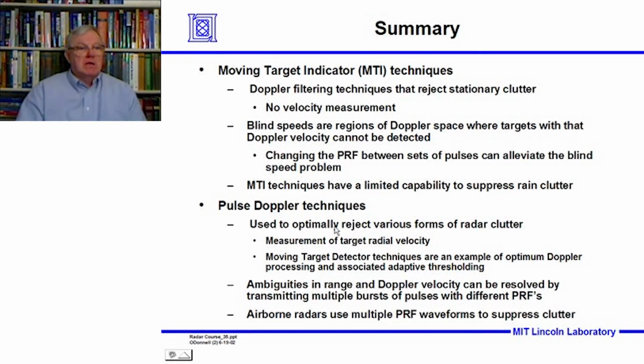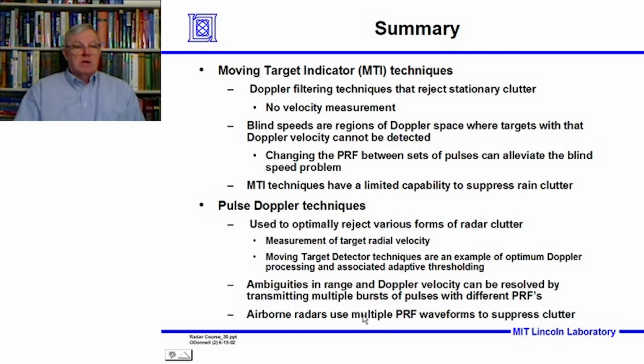And pulse Doppler techniques that we then looked at, you can use them to optimally reject all the various forms of radar clutter. They actually make a measurement of the radial velocity of the target. And I showed you one example, the MTD, moving target detector technique, an example of optimum Doppler processing and its associated adaptive thresholding. Then we went over ambiguities in range and Doppler, and they can be resolved by transmitting multiple bursts of pulses with different time between pulses, with different pulse repetition frequencies, and that can all be unraveled in a computer.